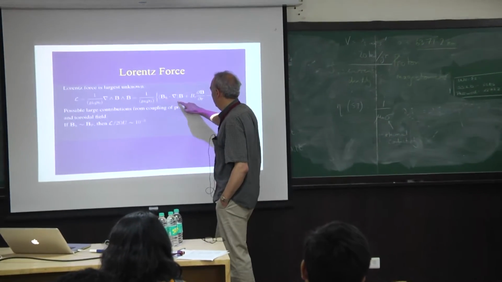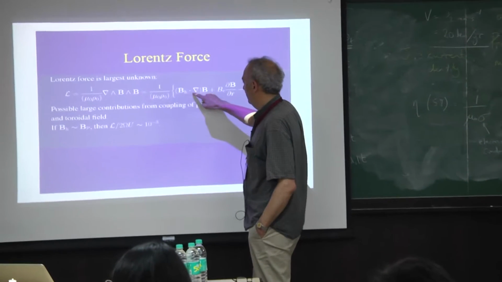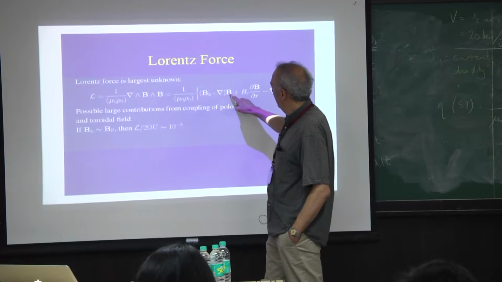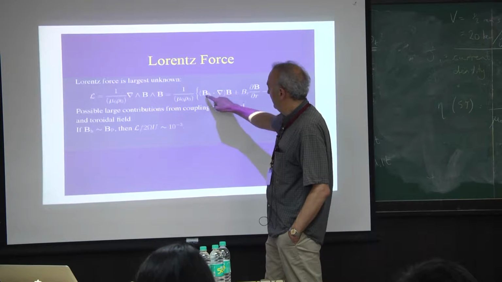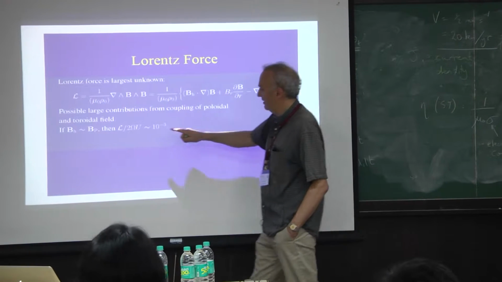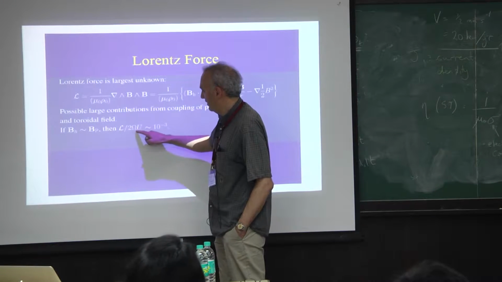For example, if you look at the size of this term, BH dot grad B, if you just put in the observed values of B at the core surface and you compare them to the size of the Coriolis force.